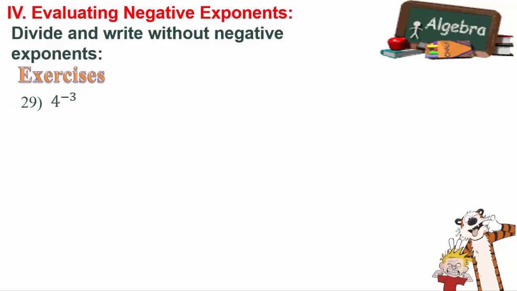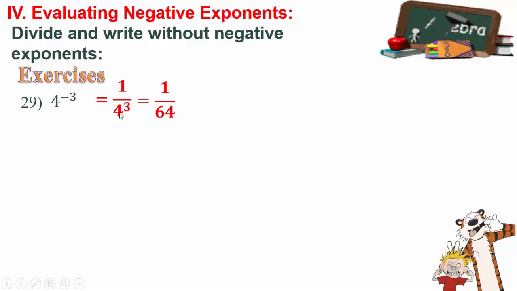Since we have 4 to the negative 3, we want to put that as a positive, so we're going to write the reciprocal and then its positive exponent. That means we're going to write 1 over 4 to the positive 3. And then, of course, evaluating that, 4 times 4 is 16, and then 16 times 4 is 64.